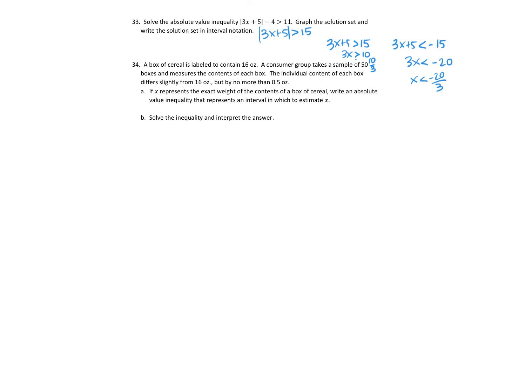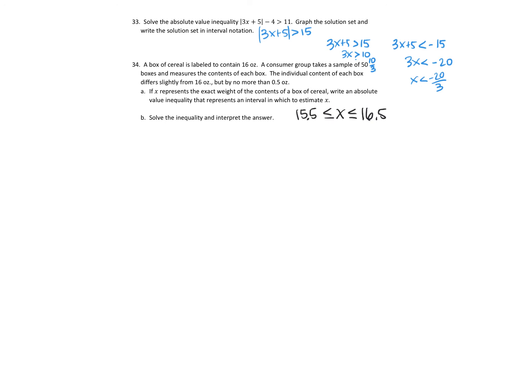If X represents the exact weight of the contents of a box of cereal, write an absolute value inequality that represents an interval with which to estimate a box. So that means X is no greater than 16 ounces with an error of 0.5 on each side, so 16.5, and no less than 15.5.